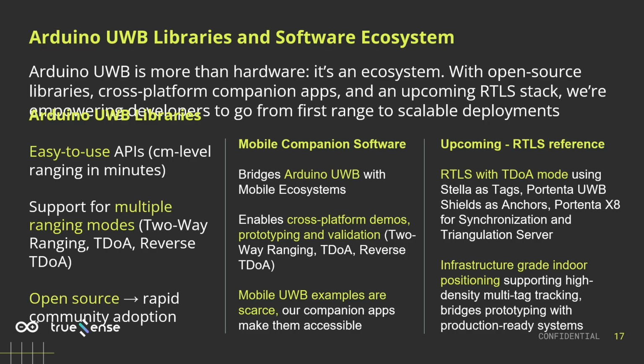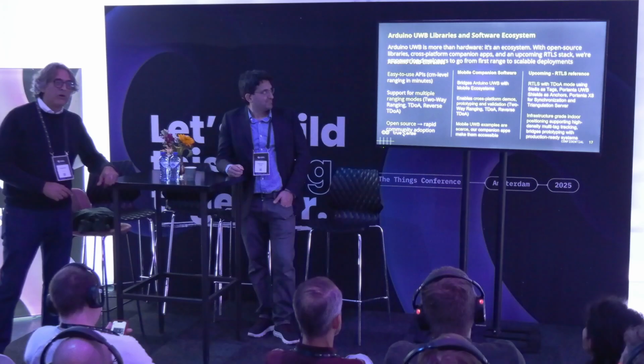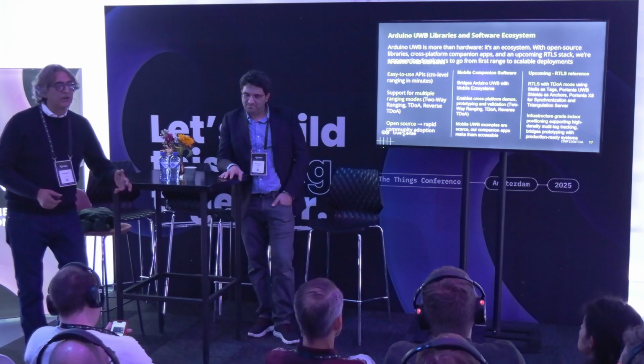You may have noticed we put some accent also on the availability of ultra-wideband on mobile phones. The reality is, if you try to look at the documentation, it's not going to be easy. So we decided also to create some reference applications for both iOS and Android.